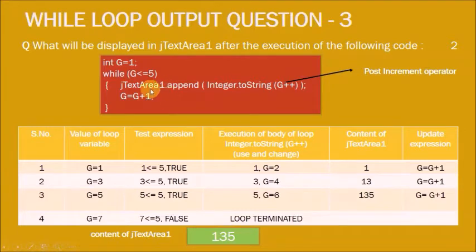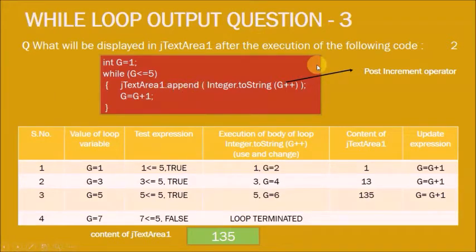So in this case we are trying to append the content in JTextArea1. Appending means not overwriting. So whatever is the content of JTextArea1, when we add the new content, the previous content will also remain. It is very important to understand this method append.